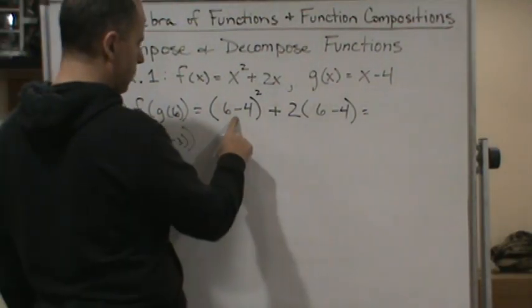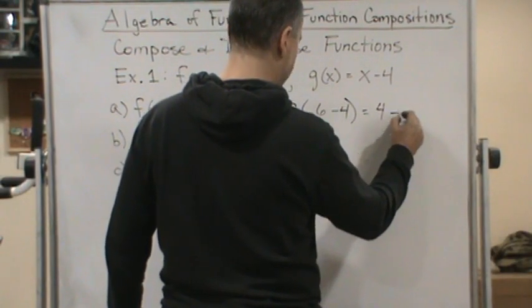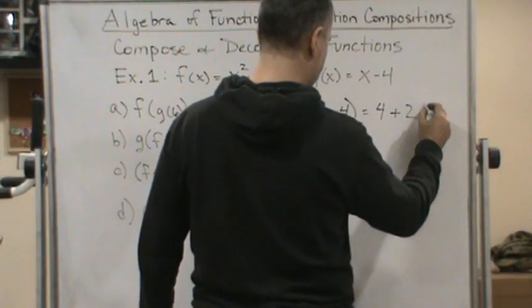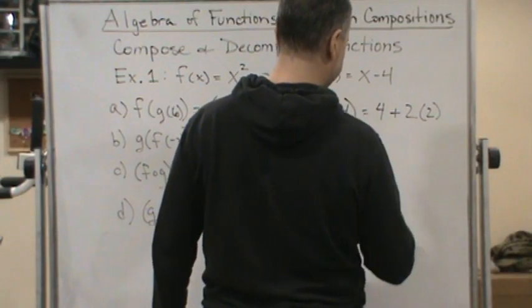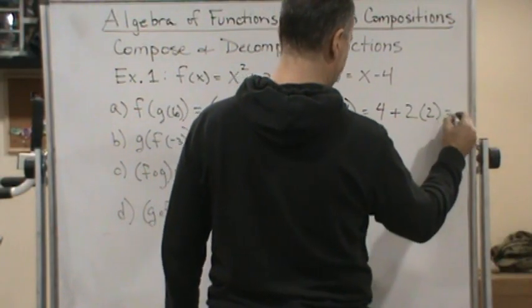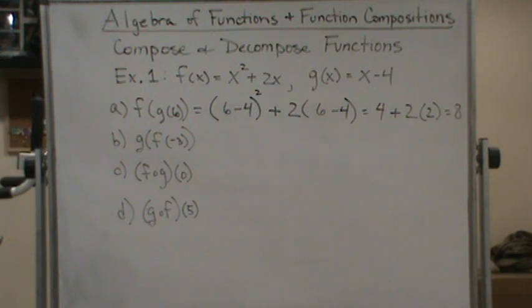So this is going to be 2 squared, so that's going to be 4 plus 2 times 2, which is 4. So this is going to equal 8. And that's one way of doing it.